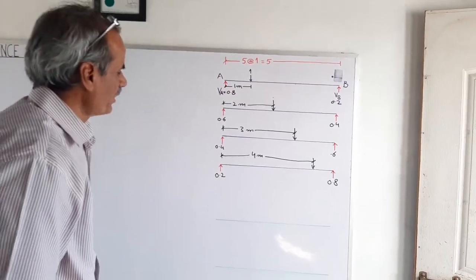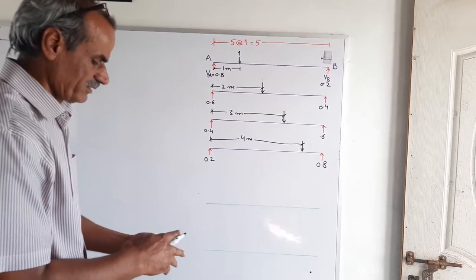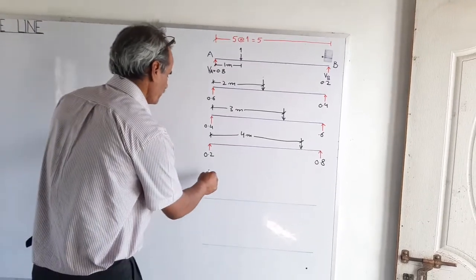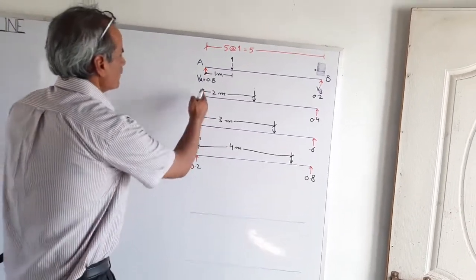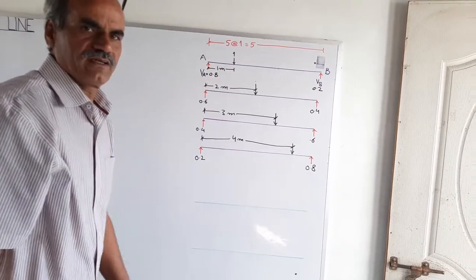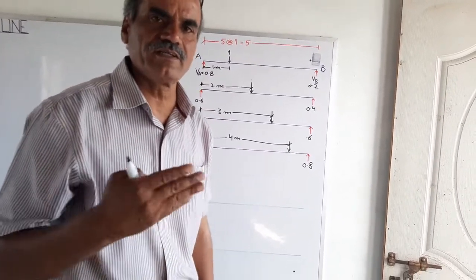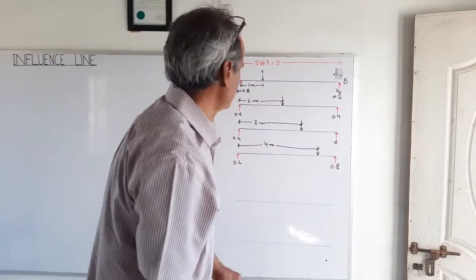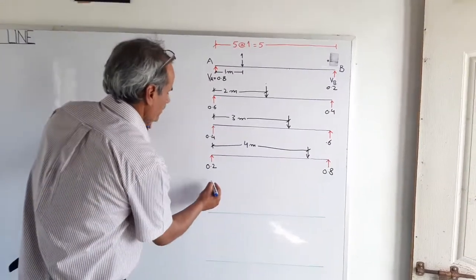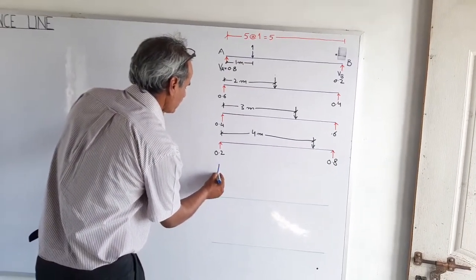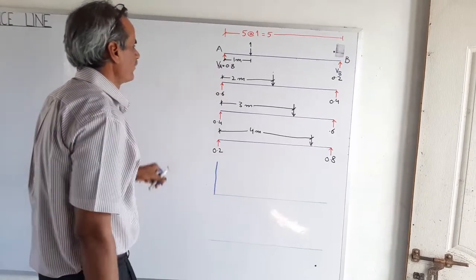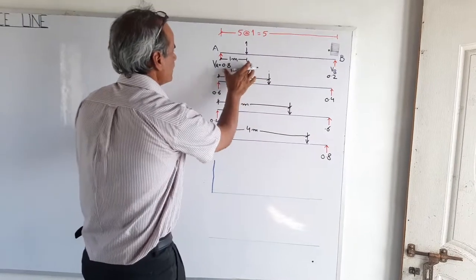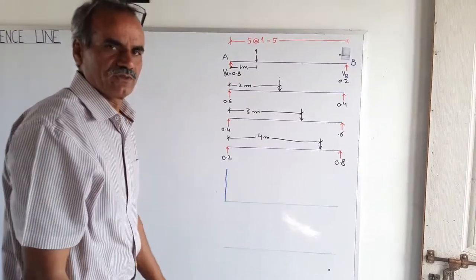Now if we want to draw the influence line for reaction at A, when the load is at spot A, the whole of the load is converted into the reaction, meaning it is unit reaction when the load is at A. So to start with, this ordinate shall be 1. Now when the load has moved over here at 1 meter, the reaction has reduced from 1 to 0.8.